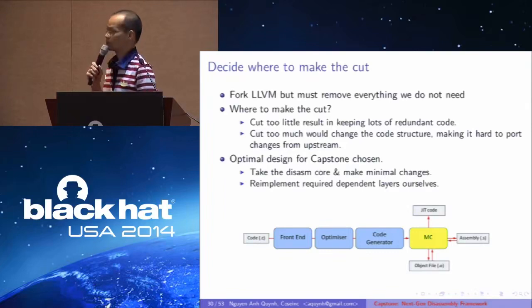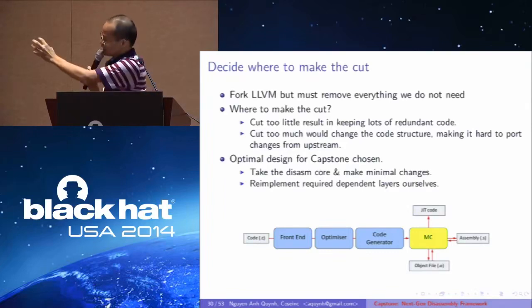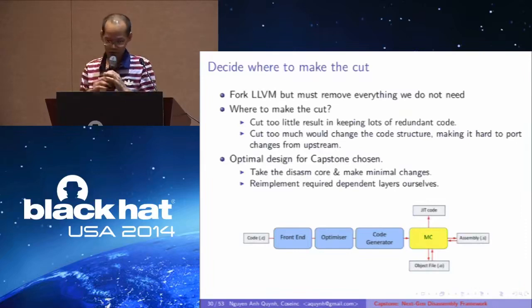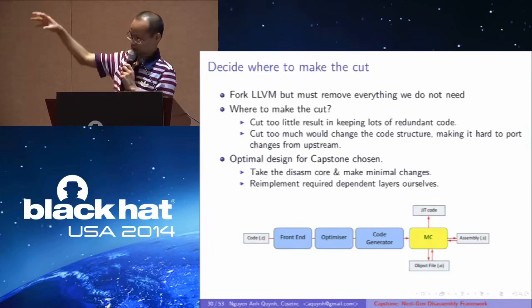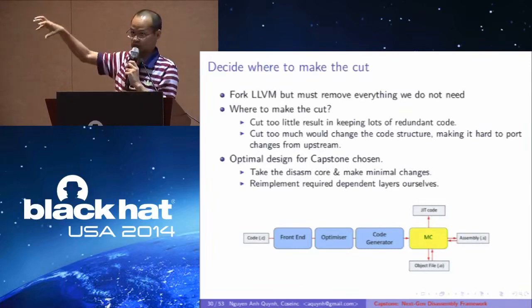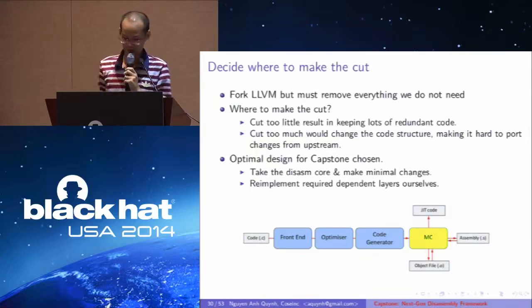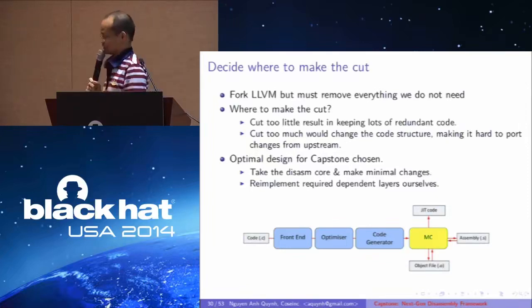So the point is where to make a cut. You need to get the yellow box out. But it's not only the yellow box, because if you get the yellow box out, you need to get a lot of other code together out. So the yellow box still works. So the point is where to make the cut.